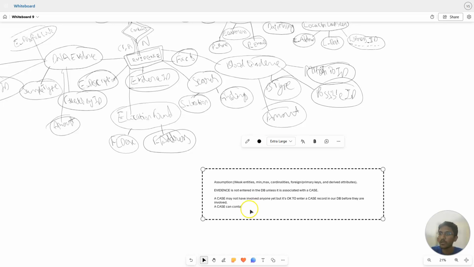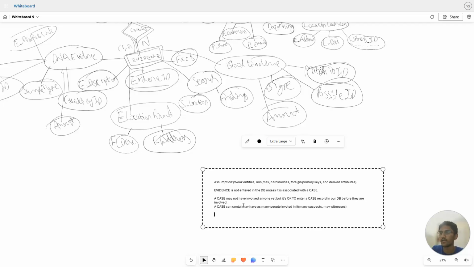We're talking about a person, so a case may have as many people involved in it. The example I gave is for many suspects, and many witnesses. That's why I put that. Okay, so this is an example of min-max.